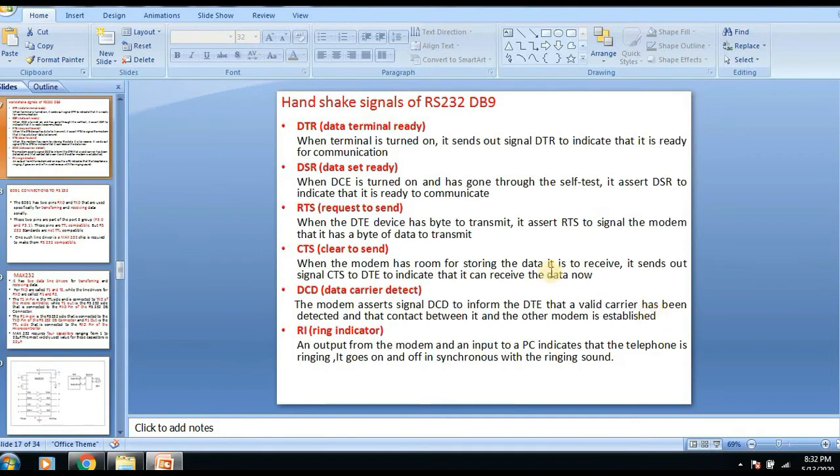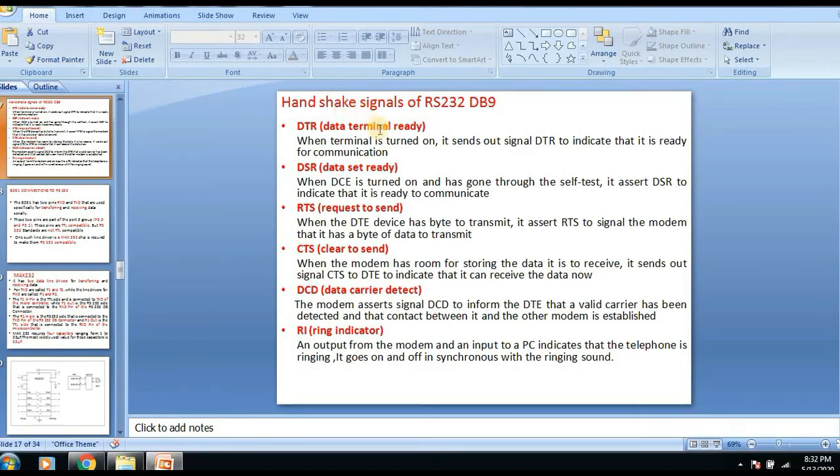Now we'll see data terminal ready, that is DTR. We know that DTE is data terminal equipment, which refers to the computer which sends or receives the data.